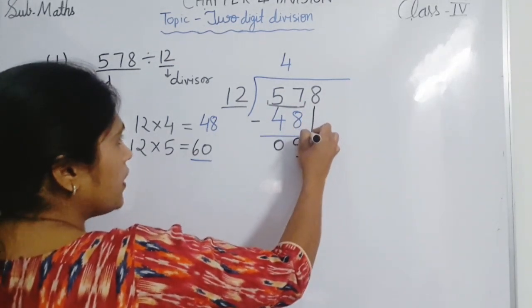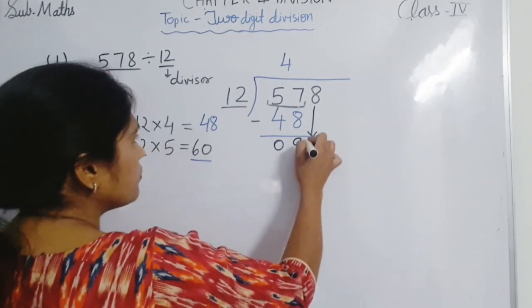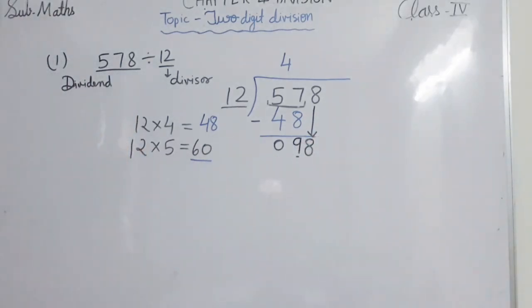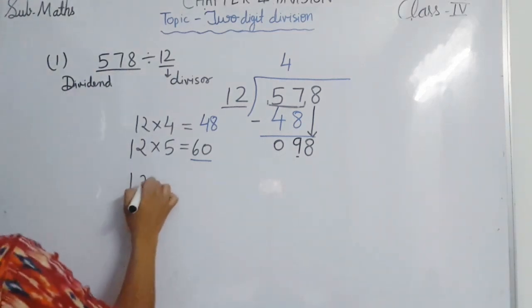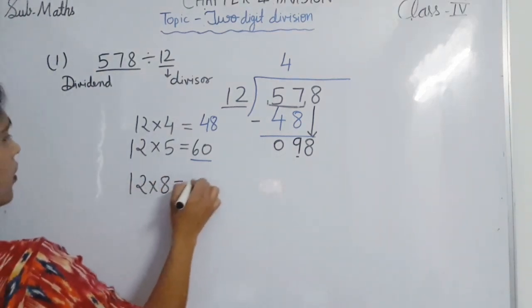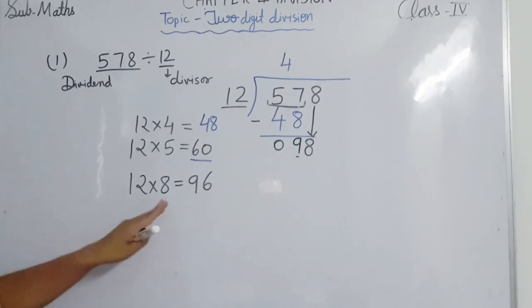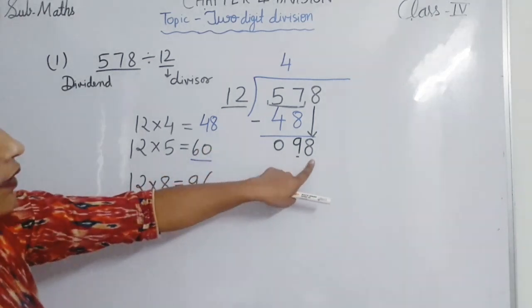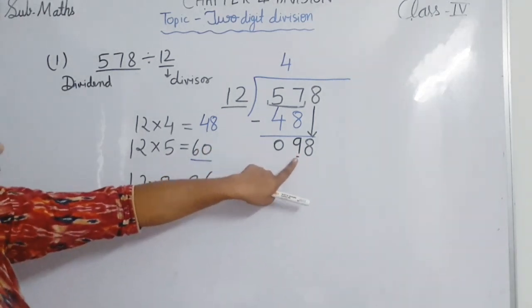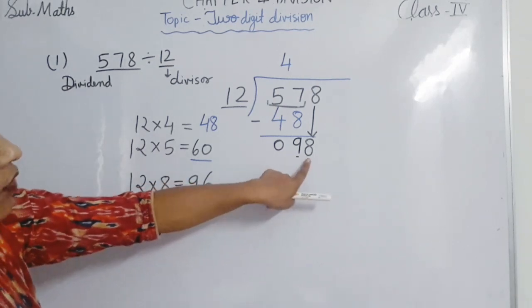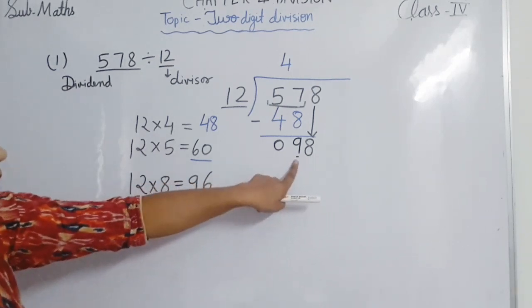So let's take 8 here. Now speak the table of 12. 12 eights are 96. Yes, 12 eights are 96. If you move to 12 nines, it will be greater than this. But we need a number less than or equal to this.